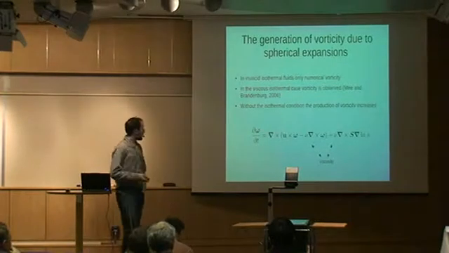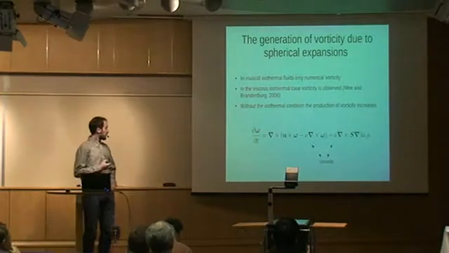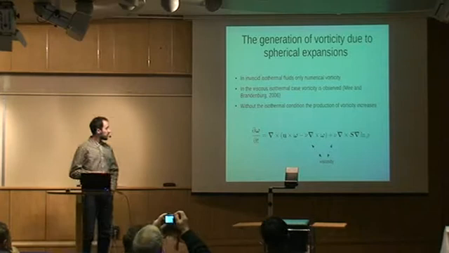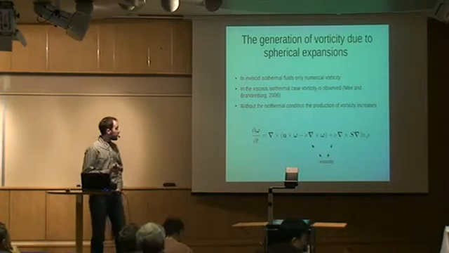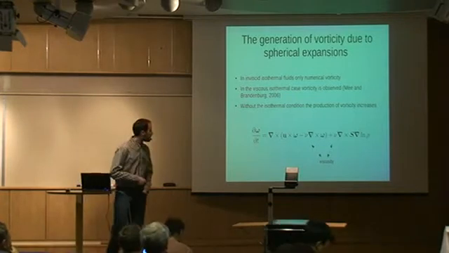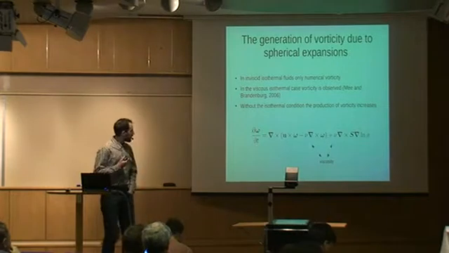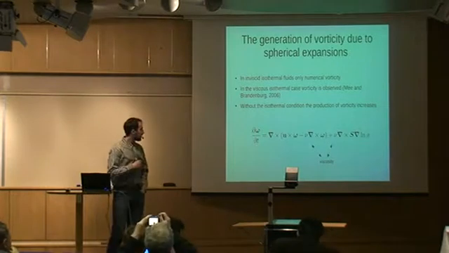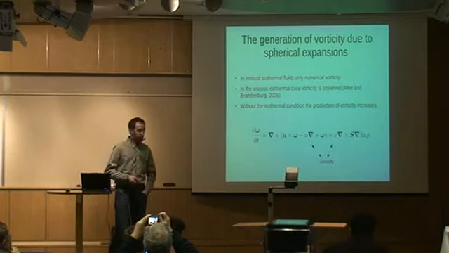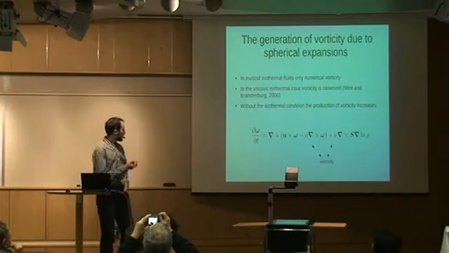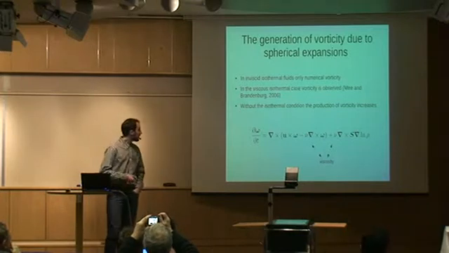Indeed, in the generation of vorticity due to spherical expansion, it is known from the literature that in isothermal fluids we can observe only numerical vorticity. If we have an isothermal case, some vorticity is observed, as shown in this work of Axel Brandenburg of 2006.